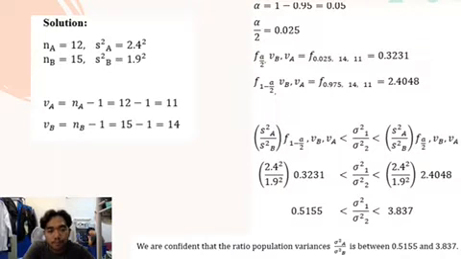From the value for A 0.3231 and the value for B 2.4048, we put the two values into the formula and we get the confidence interval that the ratio of population variances is between 0.5155 and 3.837.